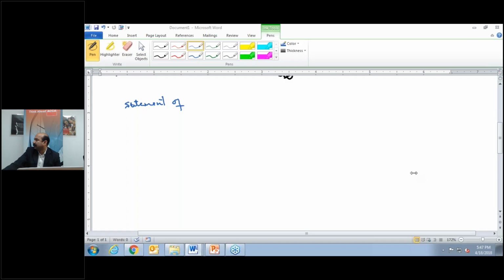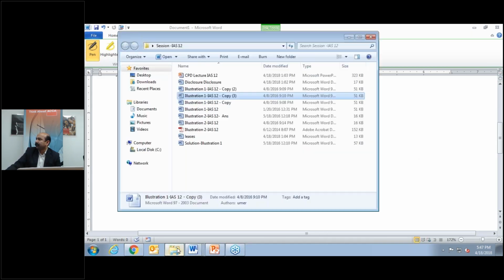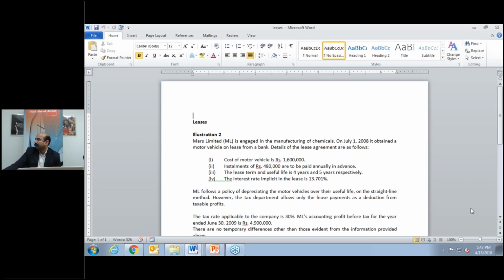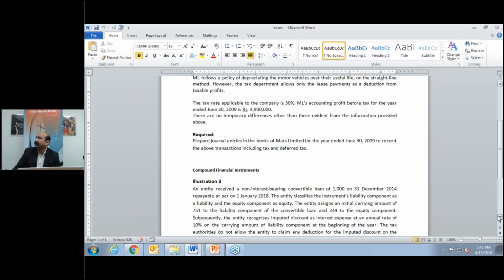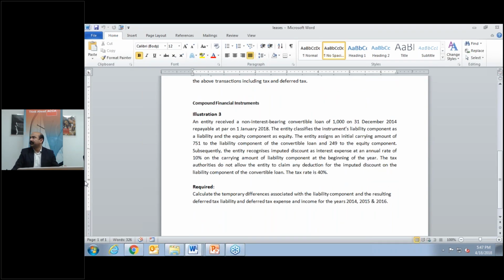I suppose it should be within the leases document, because I included this illustration here, where I included special cases. Yes, you can find this illustration in a document named leases, but the illustration number will remain the same. Illustration number is 3.